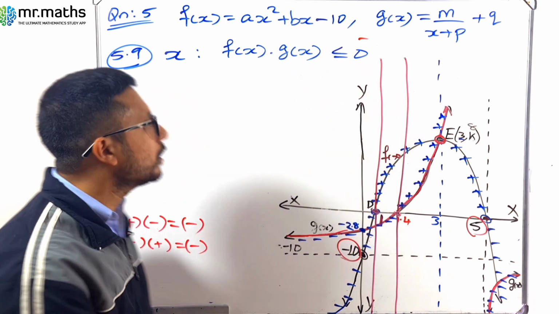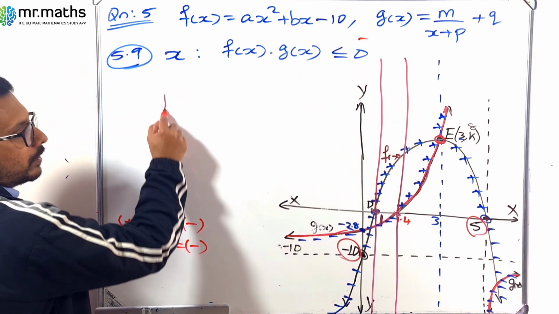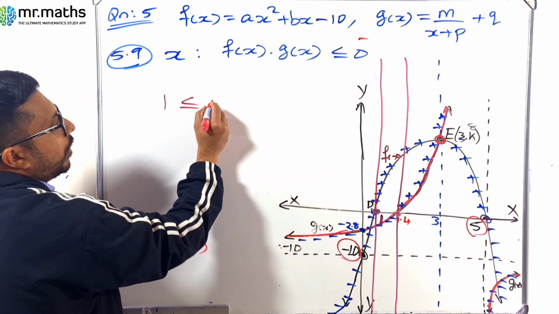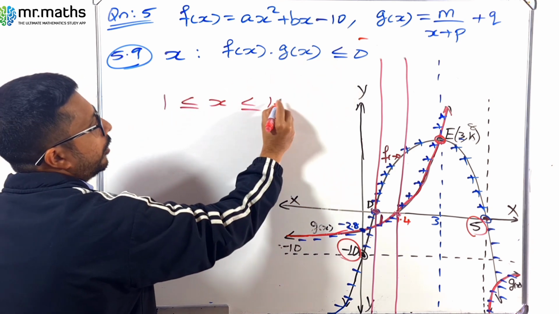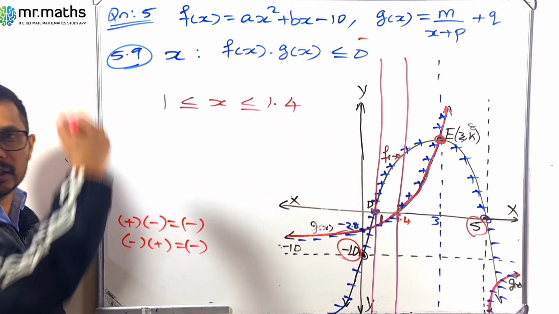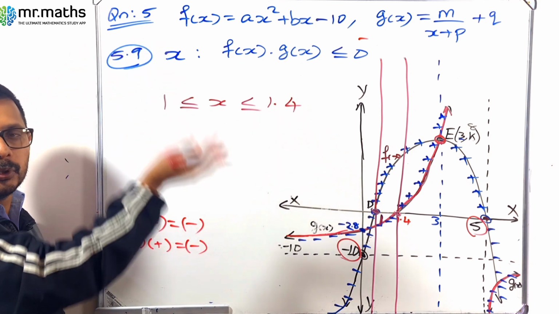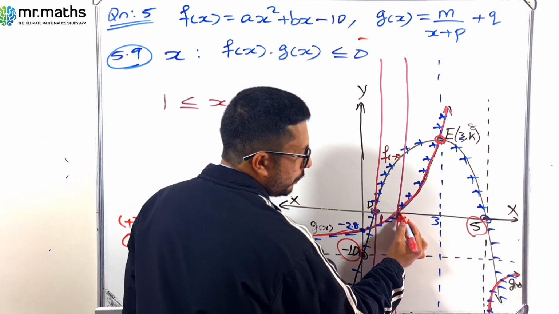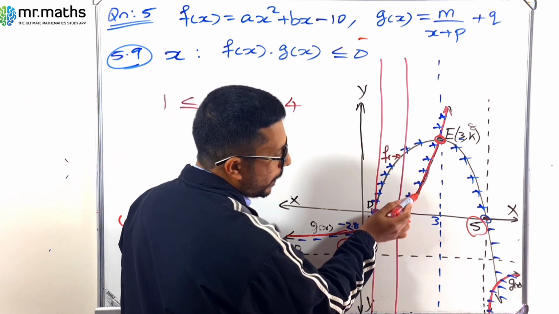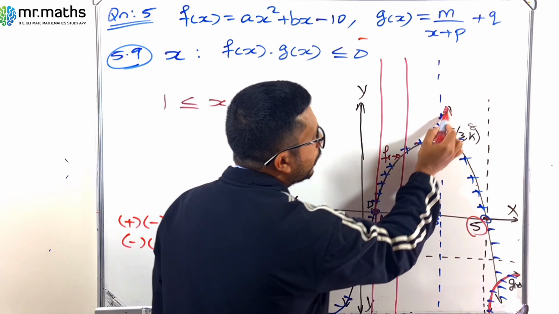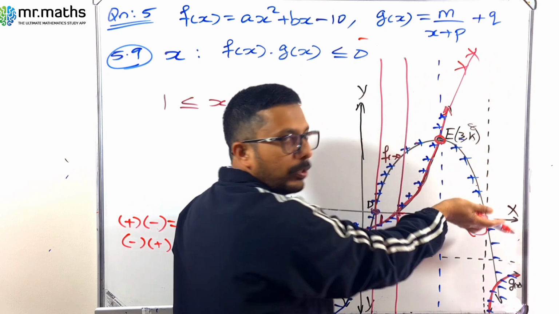So it means that the value of x is between 1 and 1.4, where one is negative and the other one is positive, above x-axis and below x-axis. But after this 1.4, what is happening? Positive, positive. Can you see that? Here this one is continuing and it is positive above x-axis.